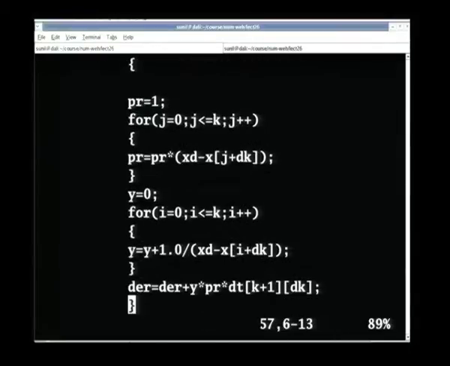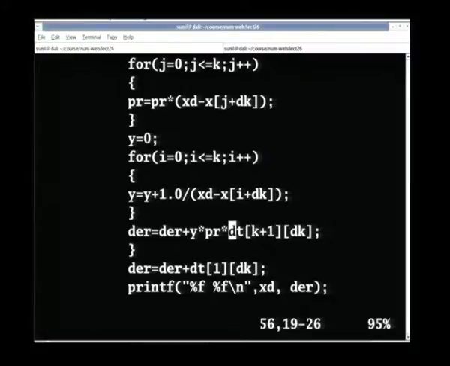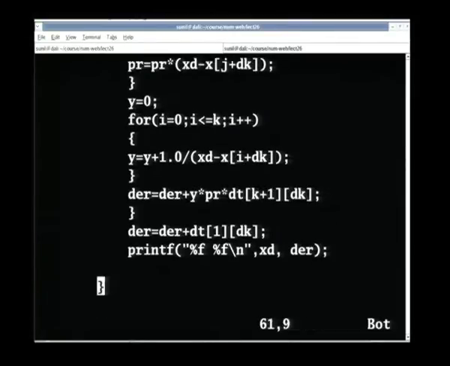I find the product for each term, multiplied by the corresponding divided difference coefficient, and I get the derivative. The last term is added separately here as 1 plus dk, the last coefficient. And then I print out the derivative, and that is what we just now saw.